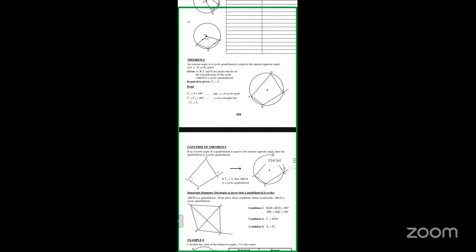Then also the converse is saying if the exterior angle of a quad is equal to the interior opposite angle, then you can conclude by saying that quad is a cyclic quad.